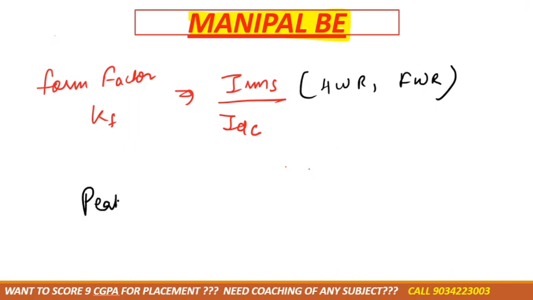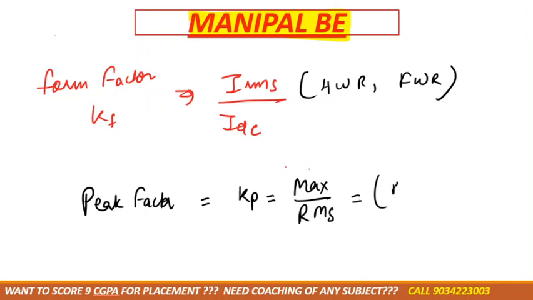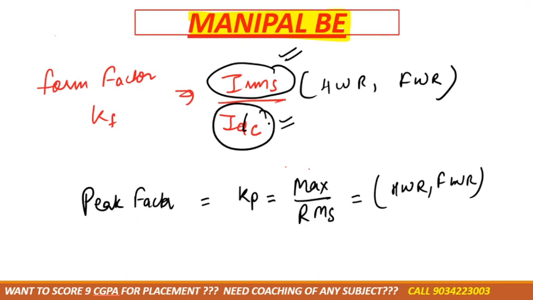Similarly, we may need to calculate the peak factor. Peak factor is denoted by Kp. It is maximum value divided by RMS value. Again, it is the same for half wave rectifier and full wave rectifier. You already calculated IRMS and IDC in the question, then you will get the form factor.